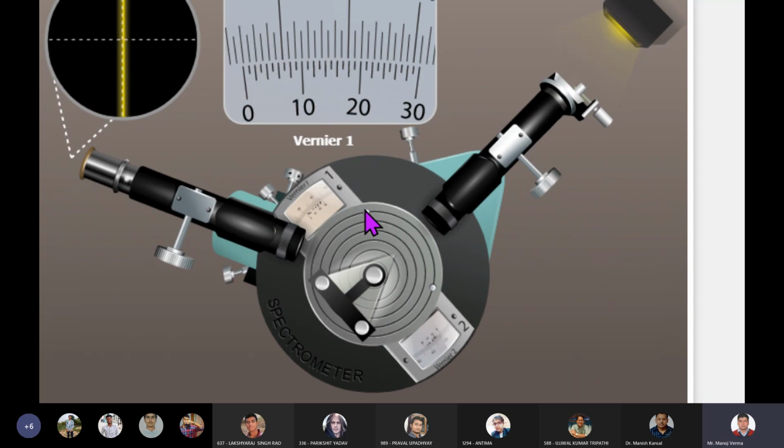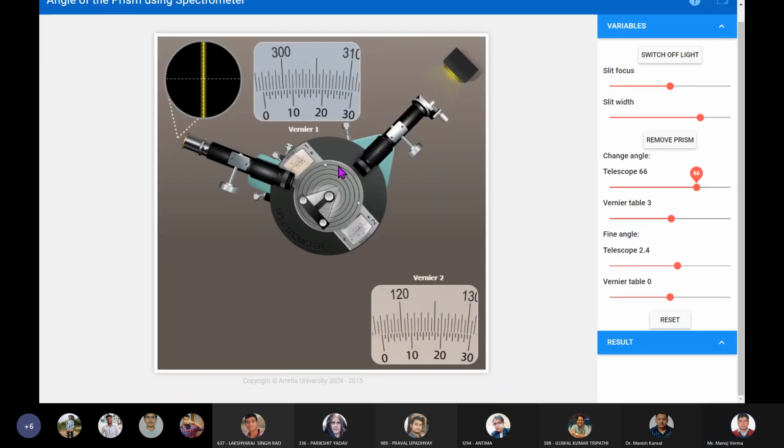Right? Now at this point, as my slit is actually coinciding with the crosswire, I have to take the reading. I have to take the observations on both the scales. Roughly, I just want to see what is the observation of main scale. 299, 298, 297.